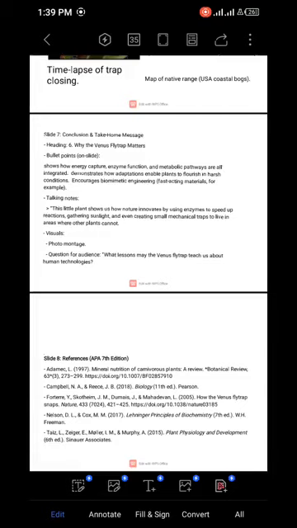I'm supposed to add a photo montage of all the aforementioned, but I believe the pictures and photos we had on other previous slides will give you a clue, so I think it is not necessary that I added it here. Our take-home question goes this way: what lessons may the Venus flytrap teach us about human technologies?